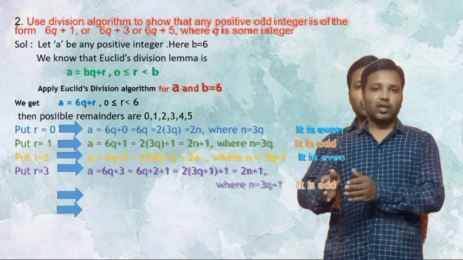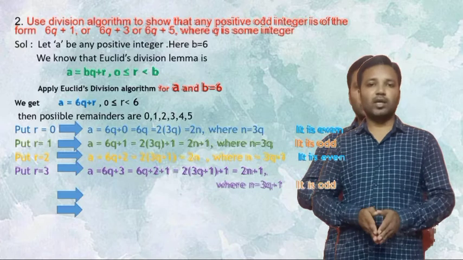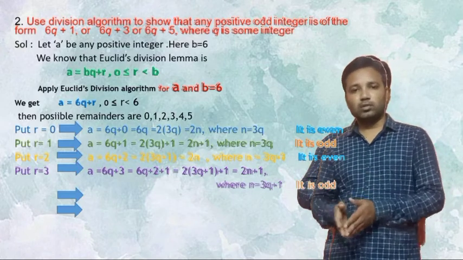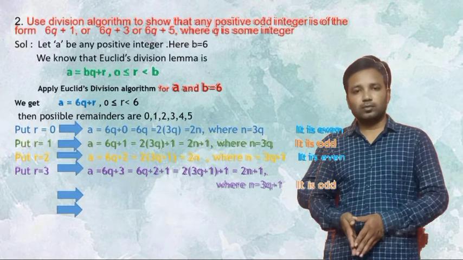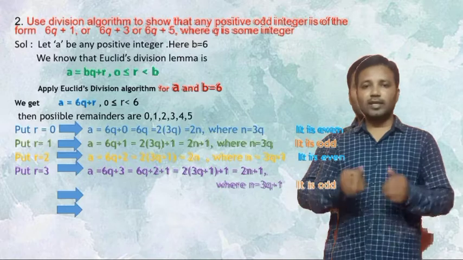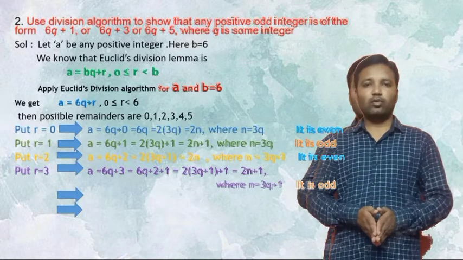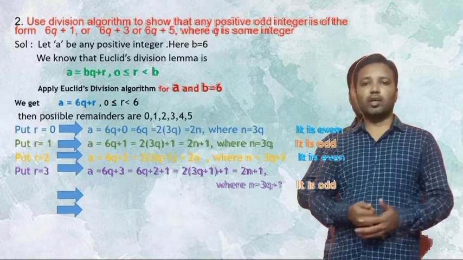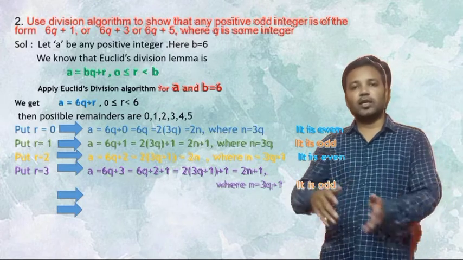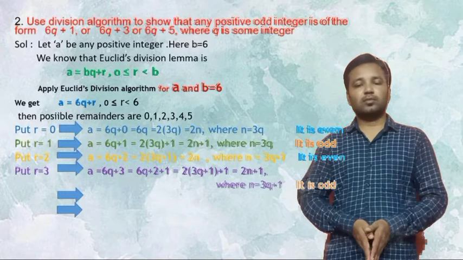From the first and second terms, 6q and 2, I am taking 2 as common. Therefore 2 into 3q plus 1, and plus 1 remains. The entire bracket 3q plus 1 is represented by n as a variable. Therefore we get the form 2n plus 1, where n is equal to 3q plus 1. Therefore it is classified as an odd positive integer.